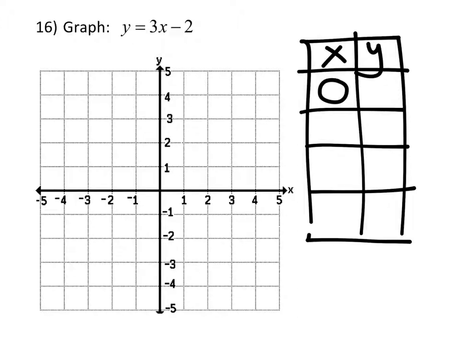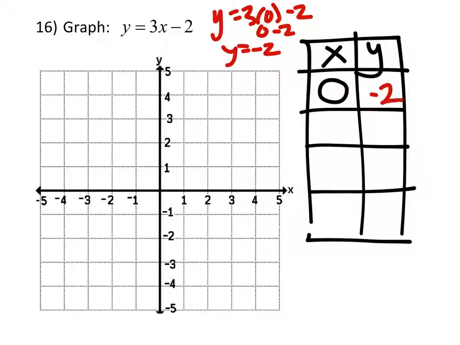So if x is 0, then y equals 3 times 0 minus 2. Well, that would just give us 0 minus 2, which is negative 2. So when x is 0, y is negative 2. And then we can plot that point. X is 0, y is 2, negative 2 rather. So there's our first point.